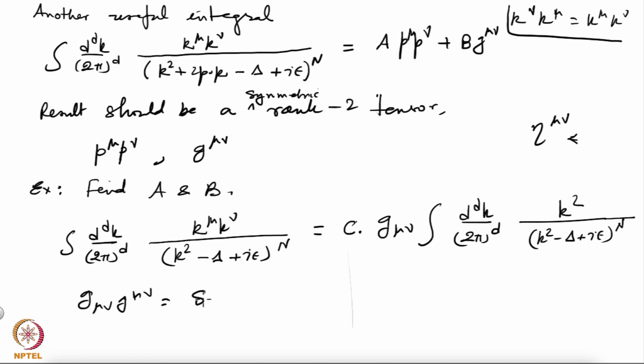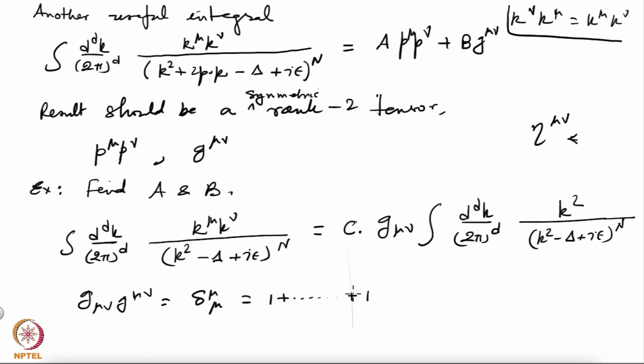It is δ^μ_μ, which, if you were in an integral number of dimensions, 4, 5, 6, 10, 20, 100, then this will be just 1 plus 1 those many times, right.